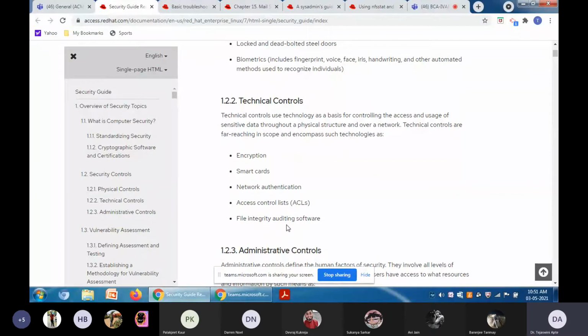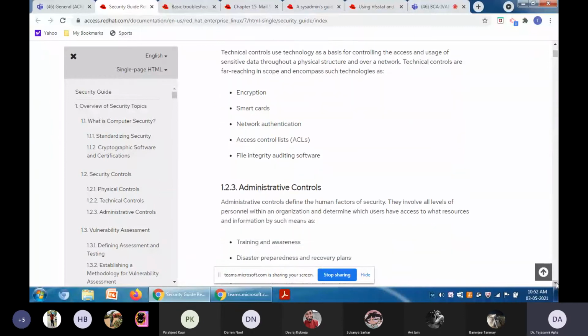If you do remember, we have discussed that for identity and access management, we are going to have the identity, the authentication, the authorization, and then the auditing.